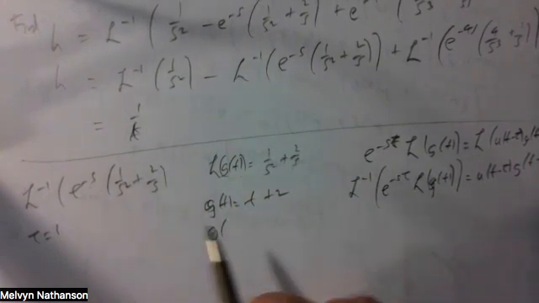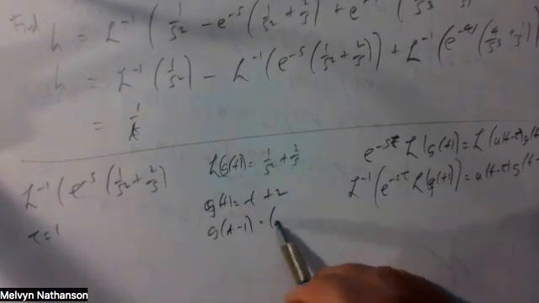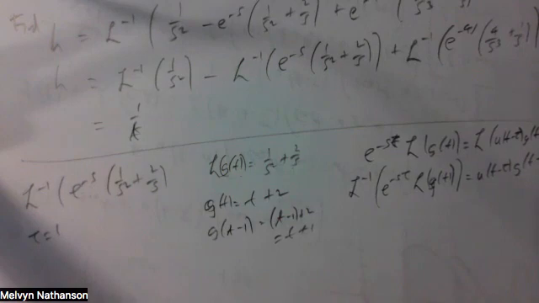And g of t minus 1 is going to be t minus 1 plus 2, or t plus 1.